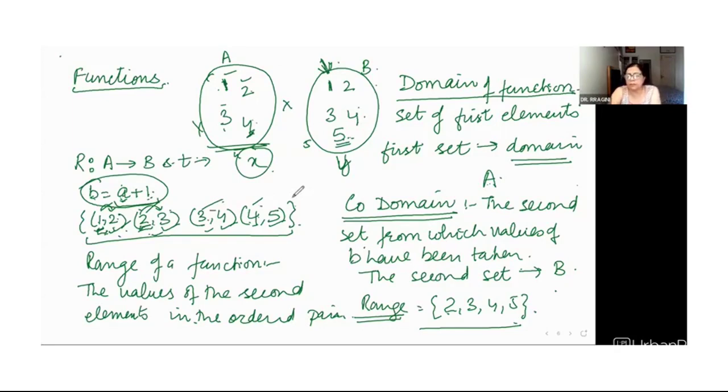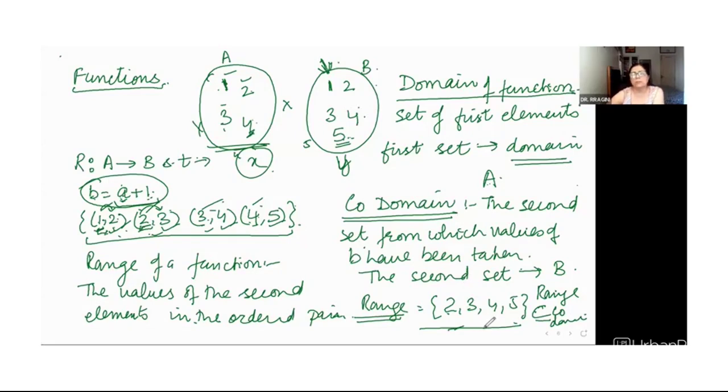So range is something which may or may not be equal to the codomain. There might be a few values which are not used as the second element, or as the images of the first elements. So range is a subset of codomain. It may be a proper or improper subset.